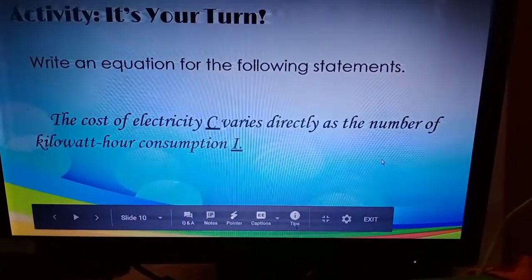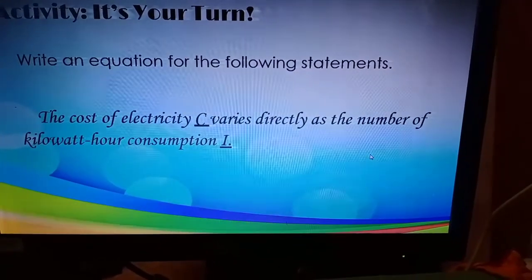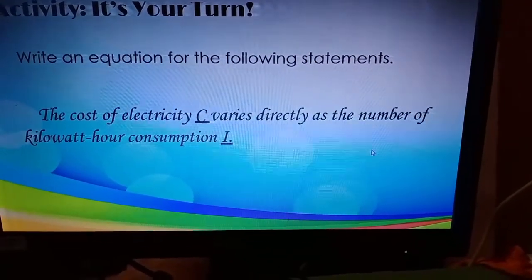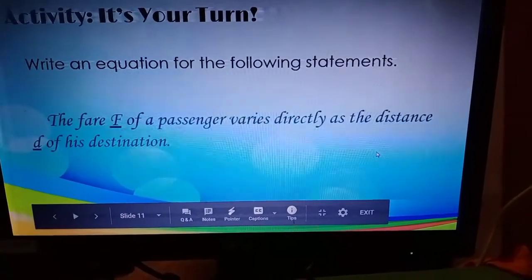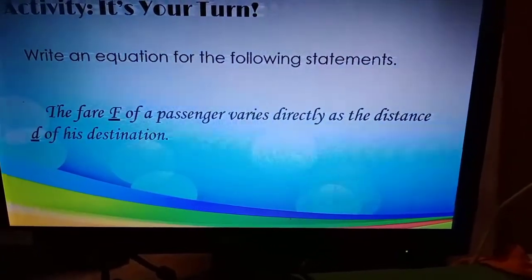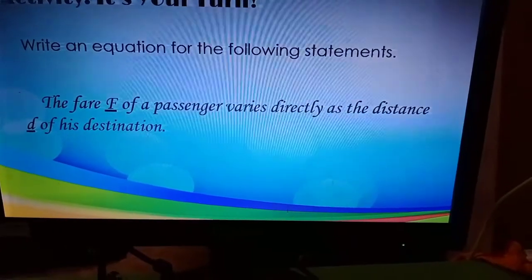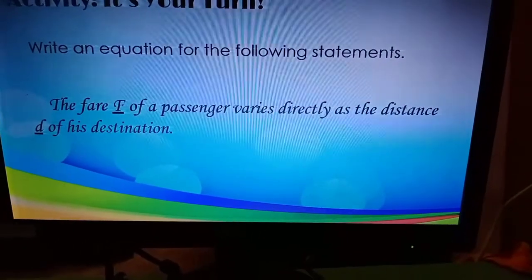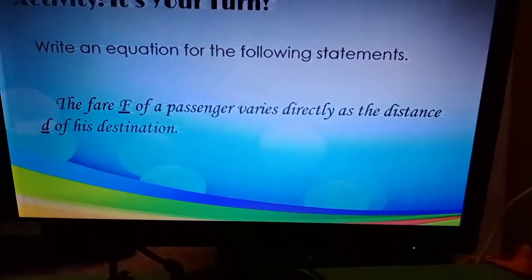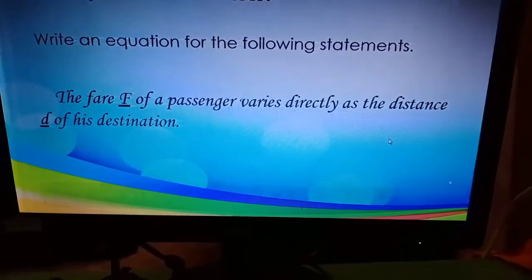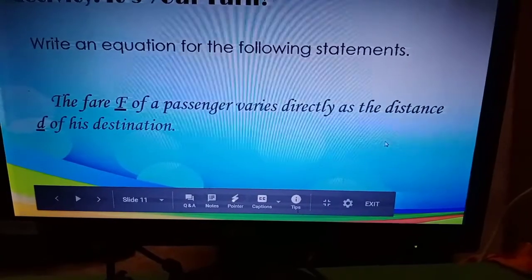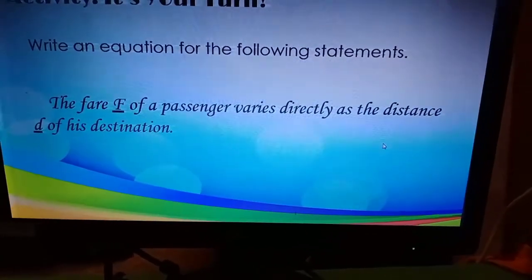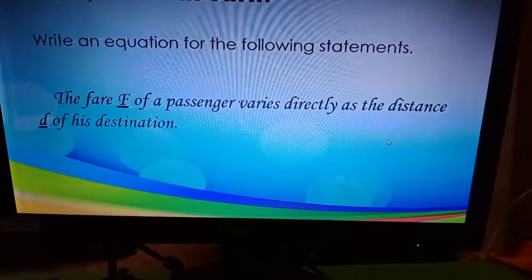So again, the answer to this is C equals kI. Another one is: the fare F of a passenger varies directly as the distance D of his destination. So F is equal to kD. Again, F equals kD.